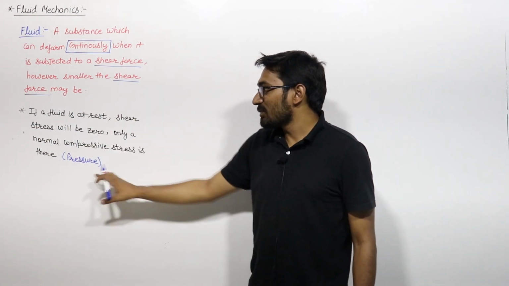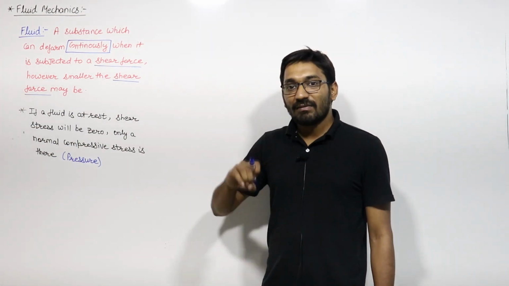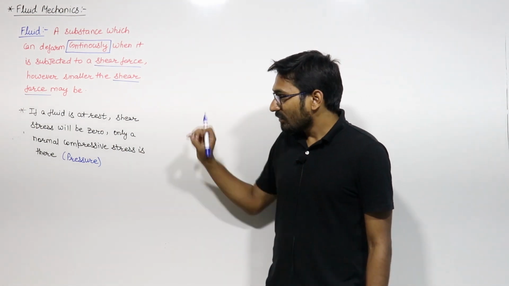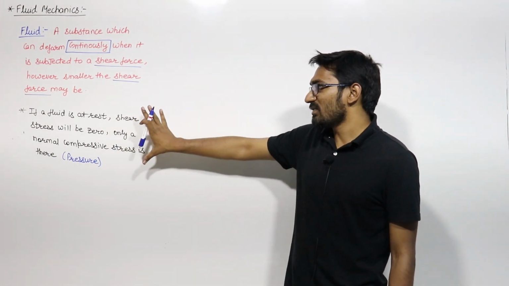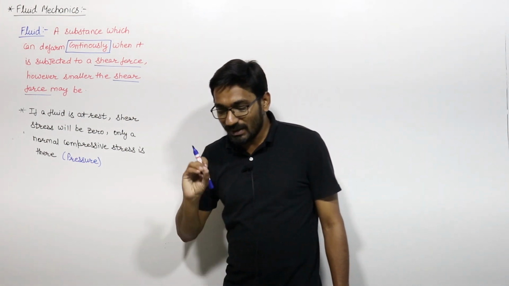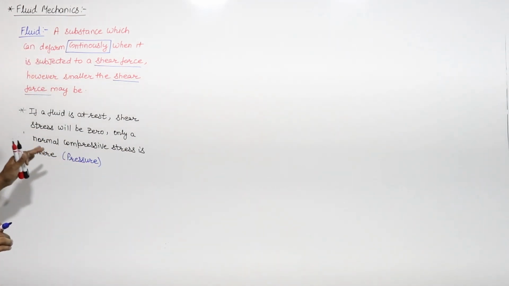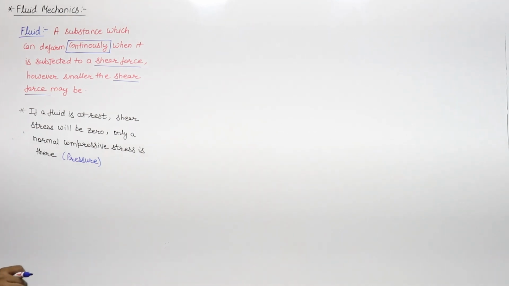We will discuss this point in detail when we study fluid statics, when the fluid is at rest. Just for your basic understanding, remember this: if fluid is not moving, then only a normal compressive stress is there, only pressure is there, and no shear stress will be present in that case.